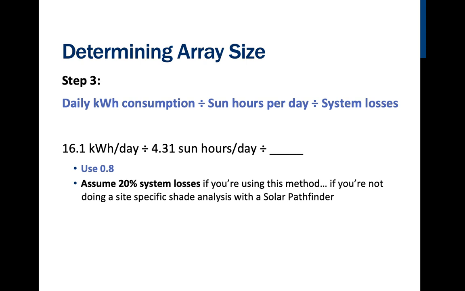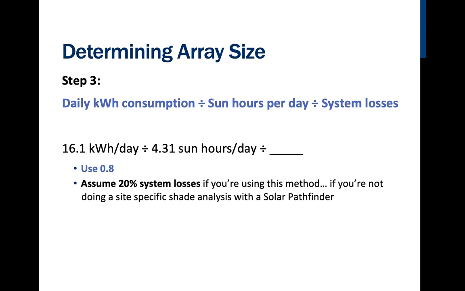And actually, let's bang that out real quick. 16.1 divided by 4.3 sun hours, and that'll give me a number of 3.7 kilowatts. So I got rid of the hours, I got rid of time, and I'm just looking at power. If I divide 16.1 by 4.3 sun hours, I get 3.7 kilowatts.